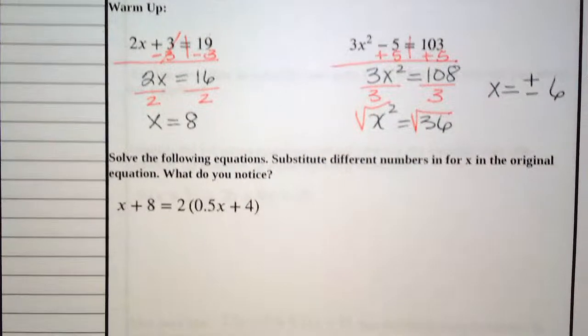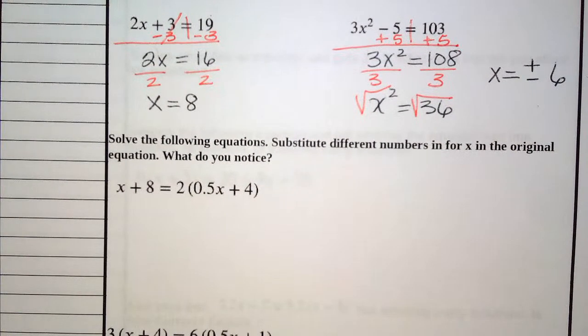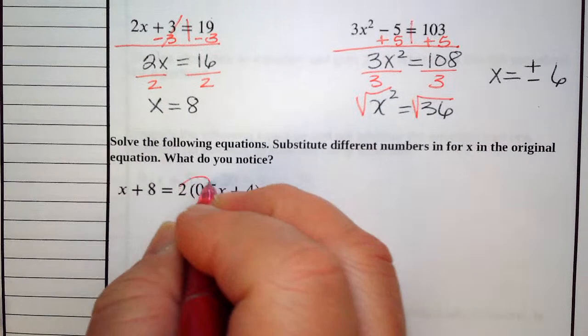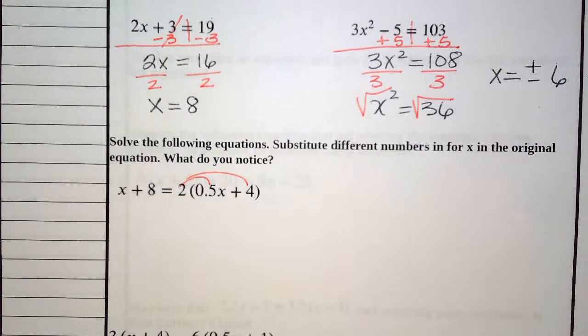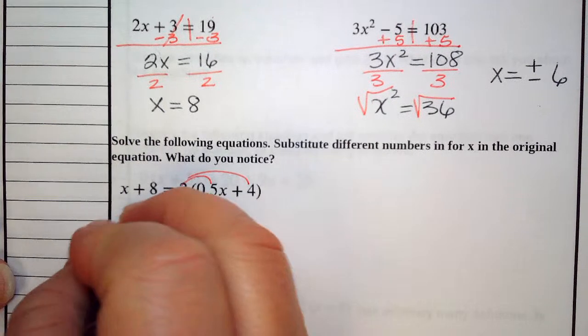Okay. Solve the following equations. Substitute different numbers in for x in the original equation. What do you notice? Okay, on the first one, we've got to distribute. So x plus 8 does not change.